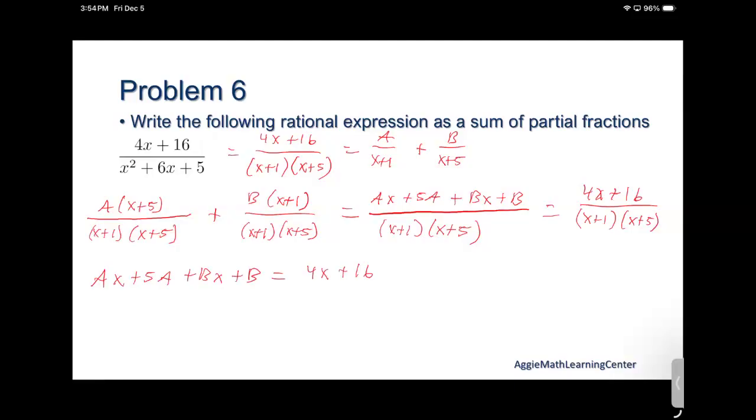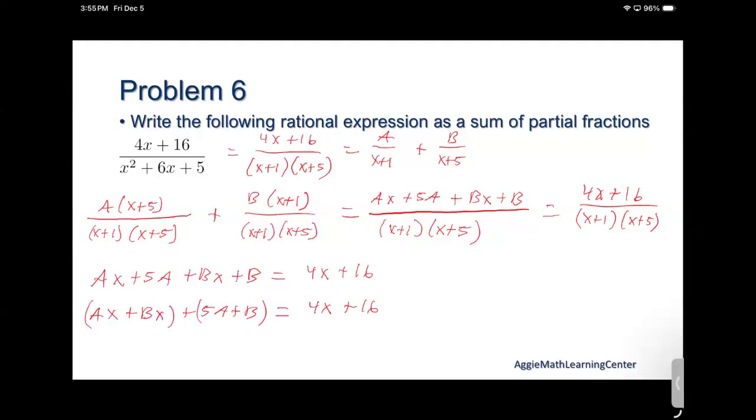Now we want to group together like terms. So anything on the left-hand side of the equation that has an x, we're going to group together. Anything that doesn't have an x, we're going to group together. And so we have an ax plus bx plus 5a plus b, those are grouped together, equals 4x plus 16.